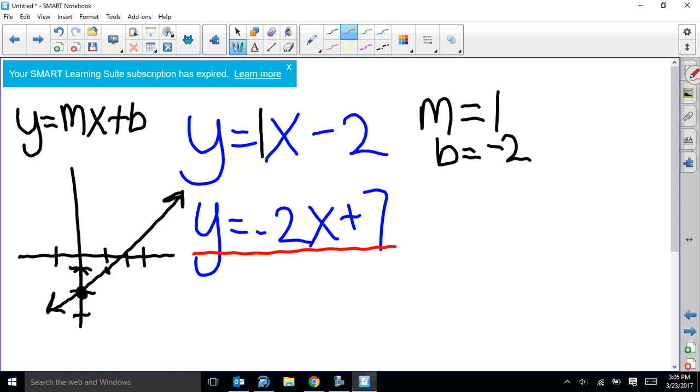That's 7, but what's that? Where's the slope? Y-intercept. So this is our y-intercept, and what does that mean? All right, so this is where it crosses the y-axis, our y-intercept.